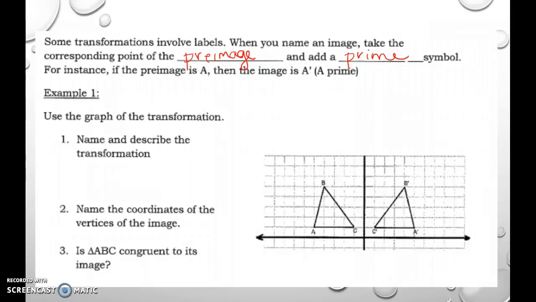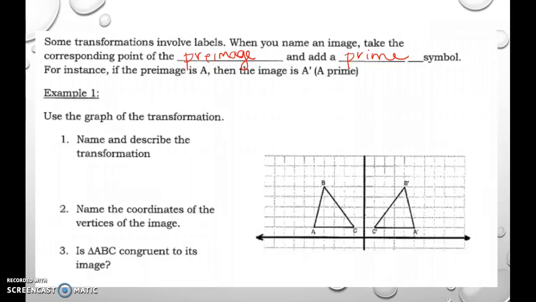My original figure is ABC, or triangle ABC. The new figure I get is A prime, B prime, C prime. And that tells me that I've taken that original figure, the pre-image, and I've transformed it somehow, whether I reflected it, translated it, or rotated it.